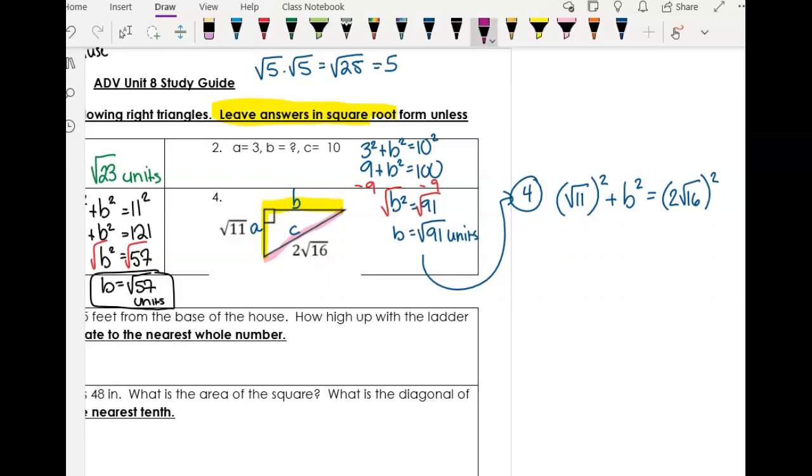Okay? And so I leave it. All right? Option 2, we can apply what we know about our exponent rules, right? And those radicals. 2 times radical 16 times 2 times radical 16. Well, 2 times 2 is 4, and the square root of 16 times itself is just 16.